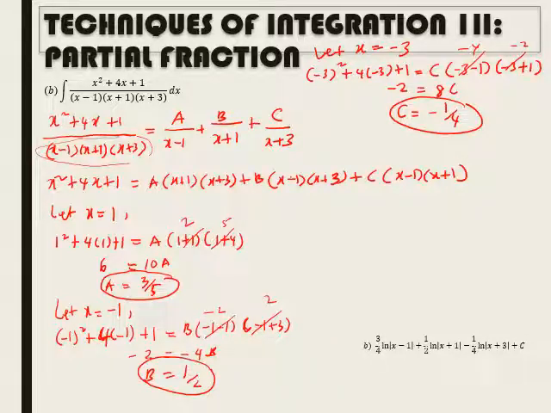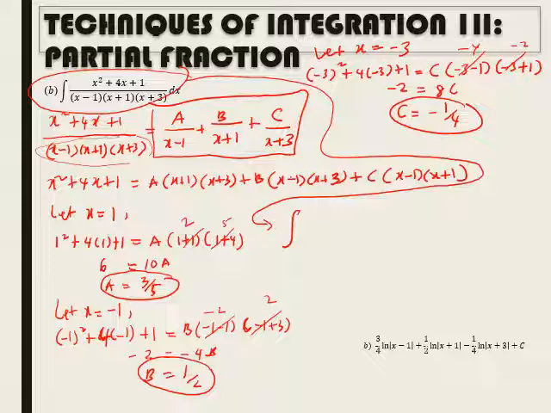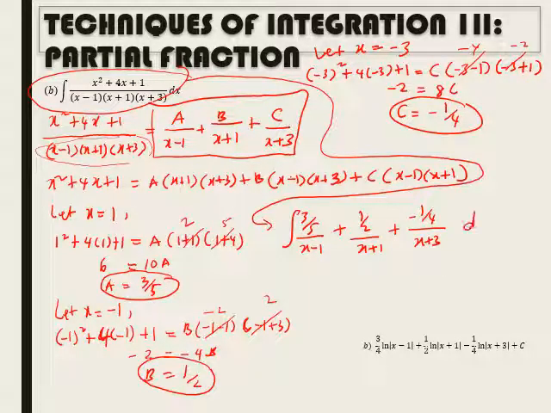So we obtain a, b, and c. So we can substitute in this. So the integral here is actually equal to the integration of 3 over 5 over x minus 1, plus 1 over 2 over x plus 1, plus negative 1 over 4 over x plus 3 dx.